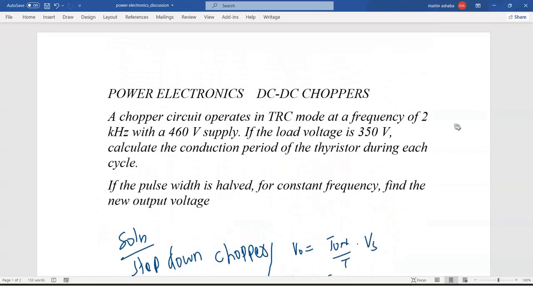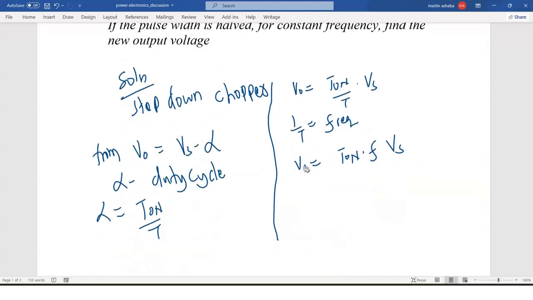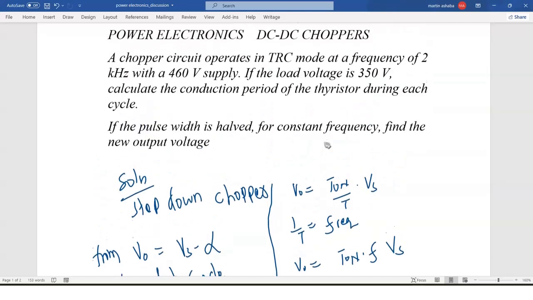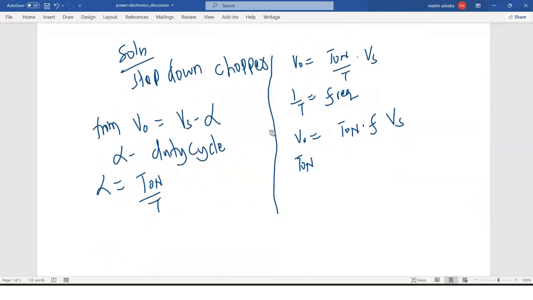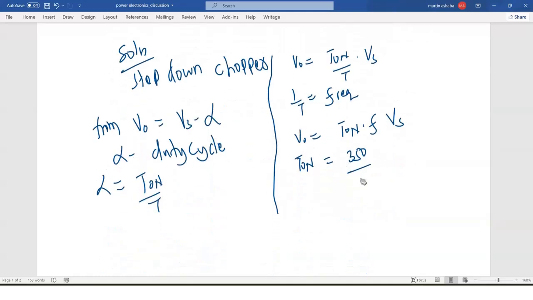But do we know the frequency? Yes, the frequency is 2 kHz. Therefore, T on, the on time or the conduction period for this thyristor, is going to be V naught, which is 350, divided by Vs, which is 460, and again divided by the frequency, 2 kHz, so 2 times 10 to the power 3.